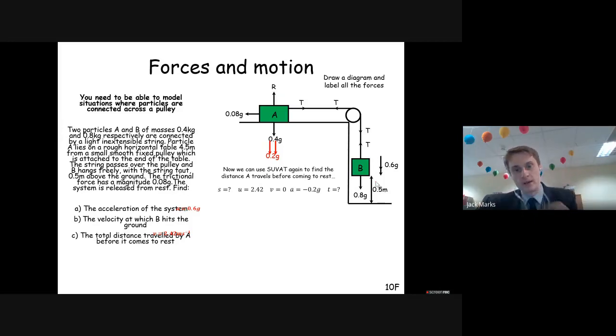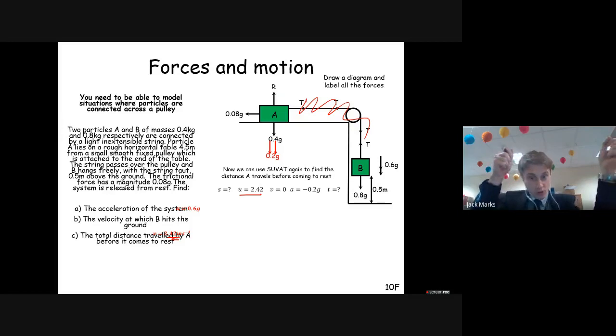For the second part, when this is all gone here, you will have the speed from before, because that's what it was traveling at as it moved like that. But because the tension went, there's a new acceleration and it's going to stop. It's going to stop because it has some velocity to it and it's decelerating and it will stop.